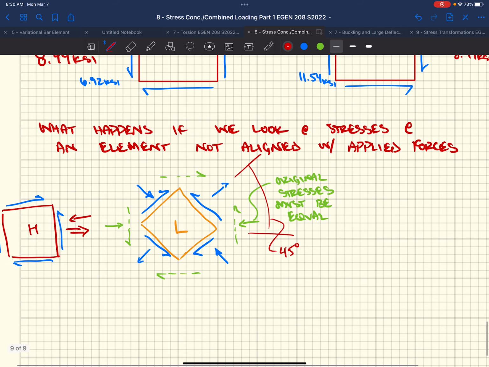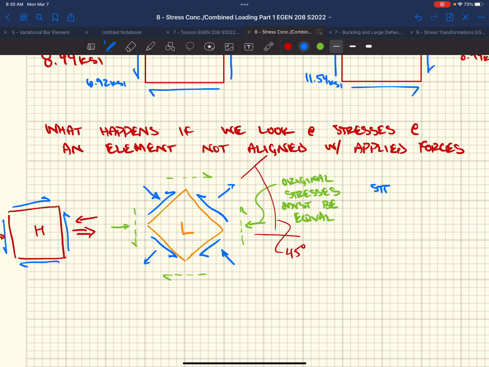So what are we saying here? Well, we're saying that stresses transform as the element rotates. Okay.